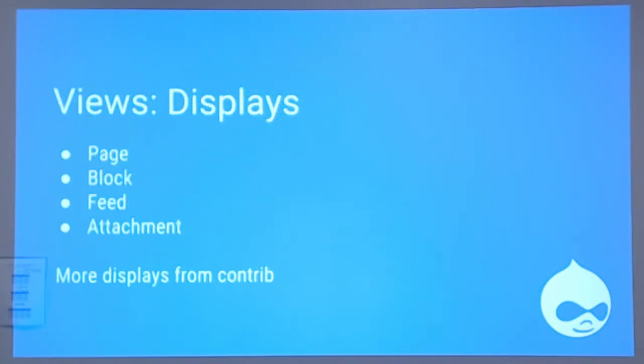As we get into this, you'll see there are many different what Views calls displays, which are the different types of views that you can build, whether it be a page, a block that you want to appear in a sidebar, or a feed, like an RSS feed or a JSON feed.